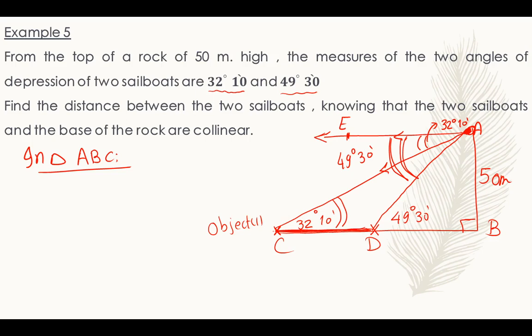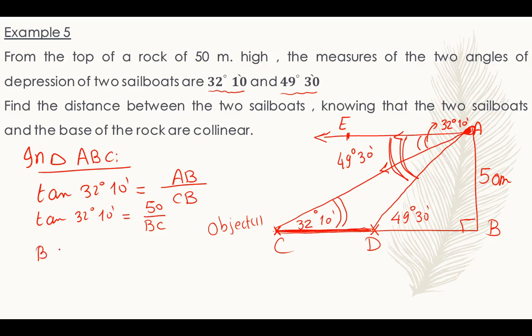So we write tan 32 degrees 10 minutes equals opposite over adjacent, which is AB over CB. So tan 32 degrees 10 minutes equals 50 over BC, where BC is unknown. Now we find the length of BC.